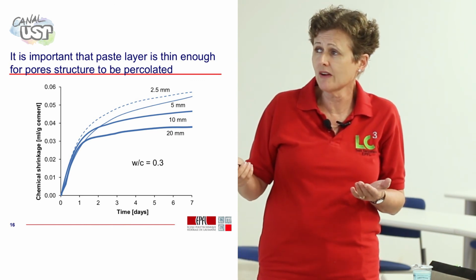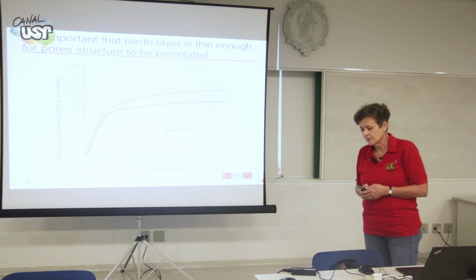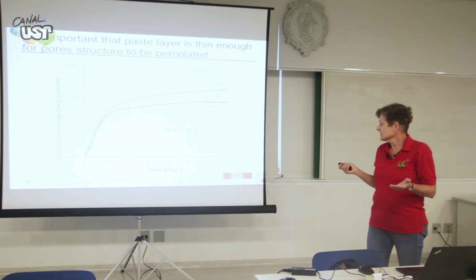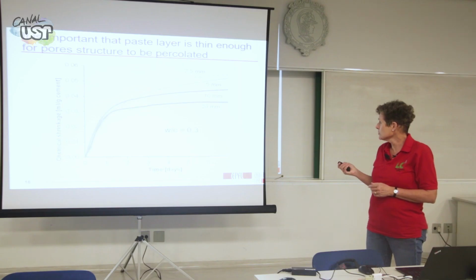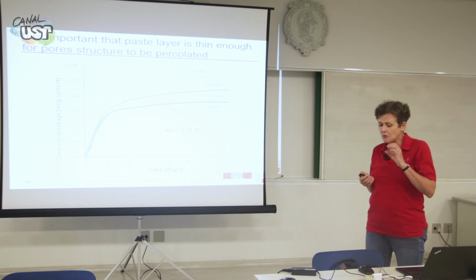So only for this very thin sample here are you probably following truly the hydration. Now, this is an extreme case of 0.3. If you're looking at a more normal case of a cement paste at 0.4, then you can quite typically use a thickness of about 5 millimeters with no problem for following the hydration.